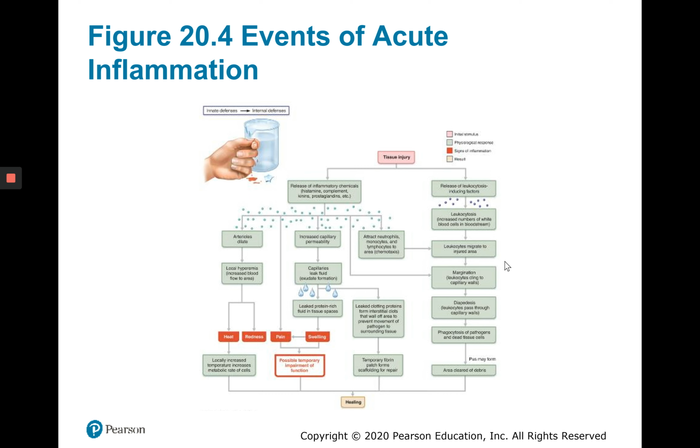Here in figure 20.4, we can see the events of acute inflammation all together. So we have our initial stimulus, which is tissue injury, which sounds the chemical alarm.